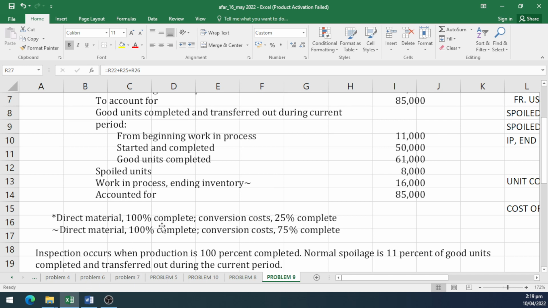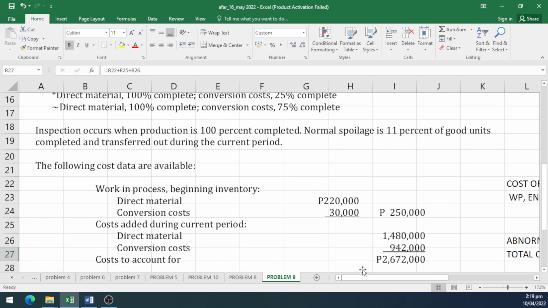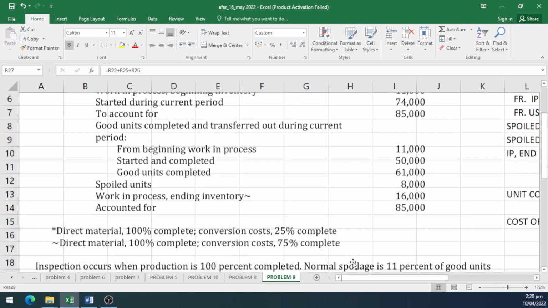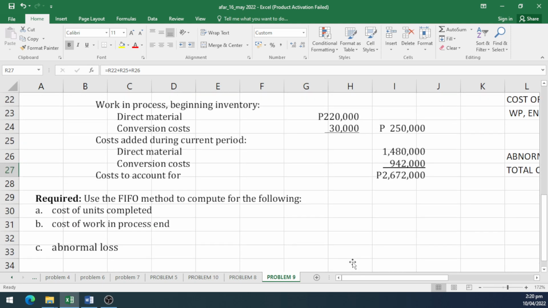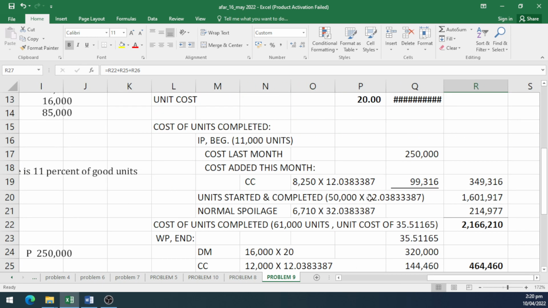Inspection point occurs when production is 100%. Ito yung mga stage of completion ng mga inventory. Ito yung cost data natin. We now compute the cost of units completed, the cost of work in process end, and the abnormal spoilage loss. So first, we compute equivalent units of production.